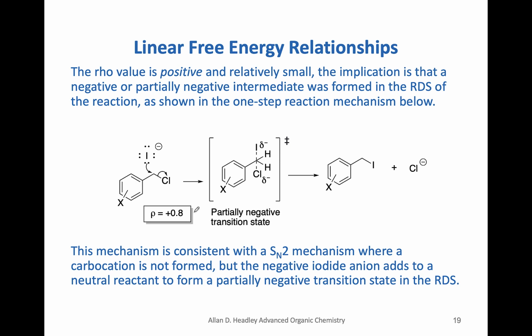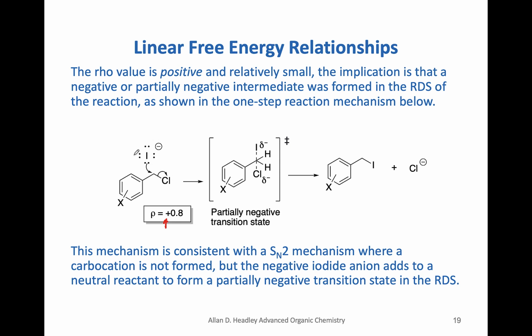Let's look at the other reaction where this is positive. So if that's positive, that means that we cannot invoke here a carbocation intermediate. So we can propose now that this nucleophilic iodide comes in while this is leaving.